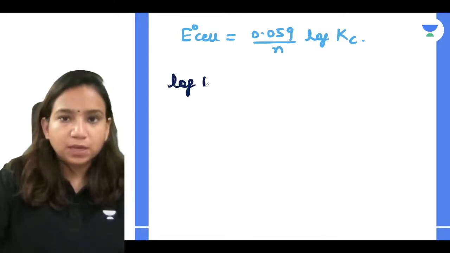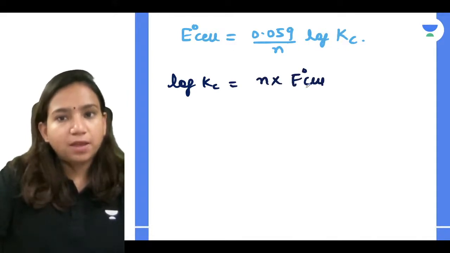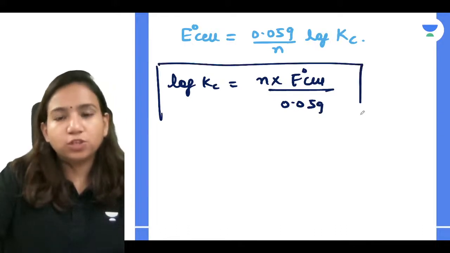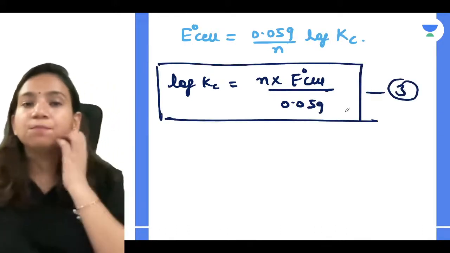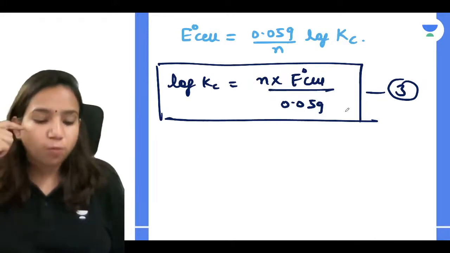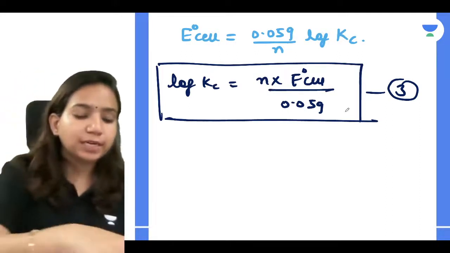So I can make this N into E naught cell divided by 0.059. This I can consider as equation 3. So log Kc is equal to N into E naught cell divided by 0.059. Yes, this is the relationship that I have got.